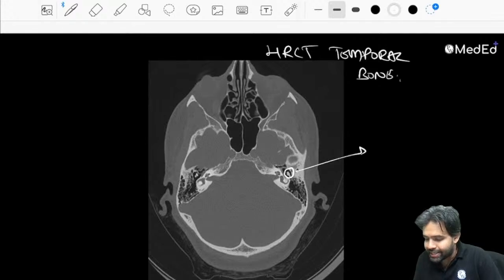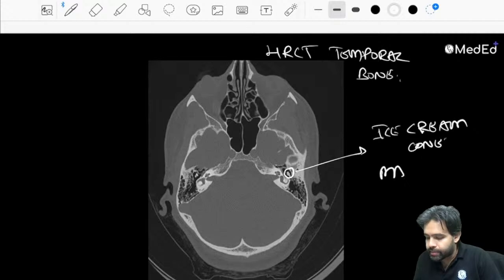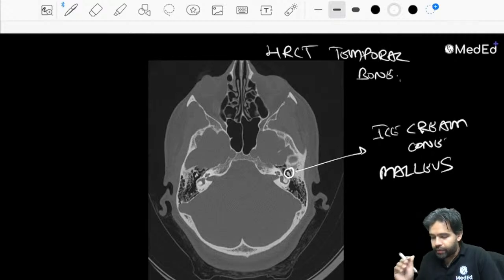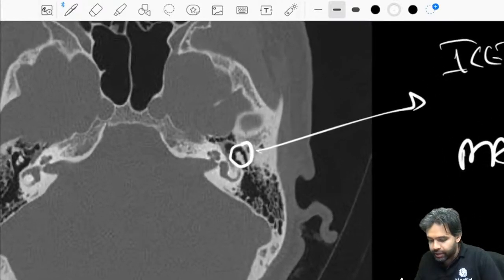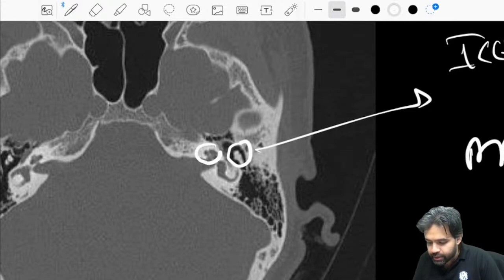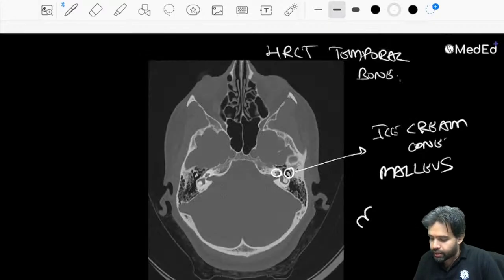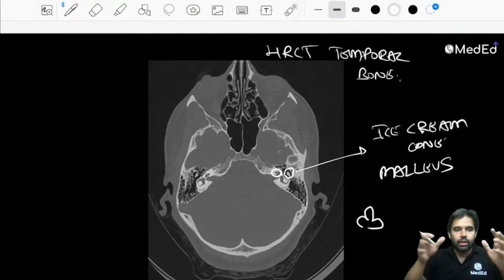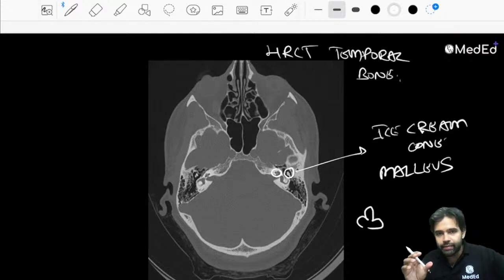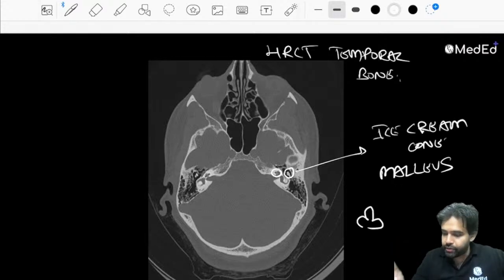Another structure that you need to be able to see very clearly is this over here. This is the cochlea, and the cochlea will be seen like a clover leaf. These are the 3 coils or turns. This has been asked sometimes in different ways.